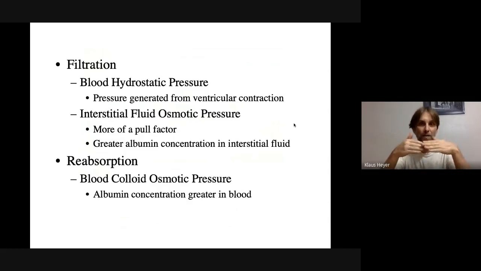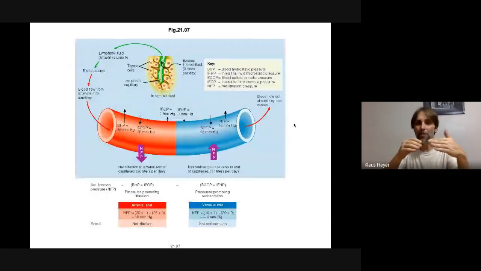Your body is able to put albumin into the capillary and out of the capillary. As blood moves through this capillary, a larger concentration of albumin is out here in the interstitial fluid, so that's pulling the water out.